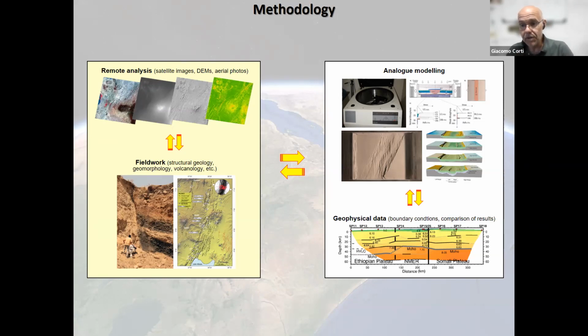But also very important to us is another methodology, which we use quite a lot, an experimental technique, which is analog modeling. So we reproduce these very large tectonic processes in the laboratory by using models which are very small and form very rapidly, in a few minutes or hours.